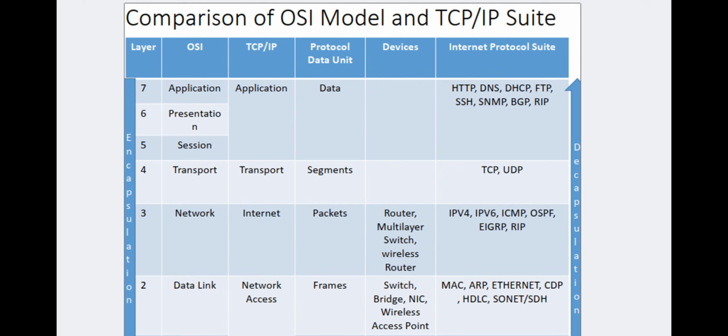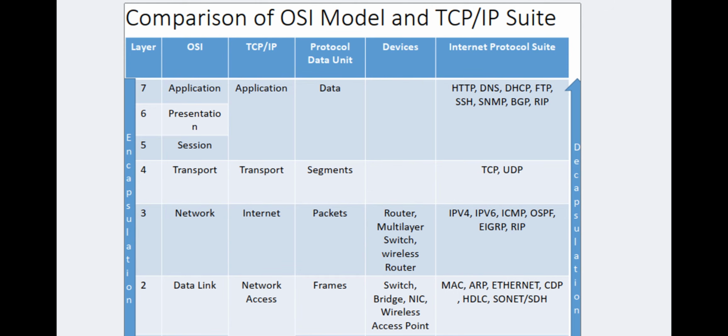Comparison of the OSI model and the TCP/IP suite. Application layer, data: HTTP, DNS, DHCP, FTP, SSH, SNMP, BGP, RIP. Presentation and session layers. Transport layer, segments: TCP, UDP. Network layer, Internet, packets: router, multilayer switch, wireless router; IPv4, IPv6, ICMP, OSPF, IGRP, RIP2.